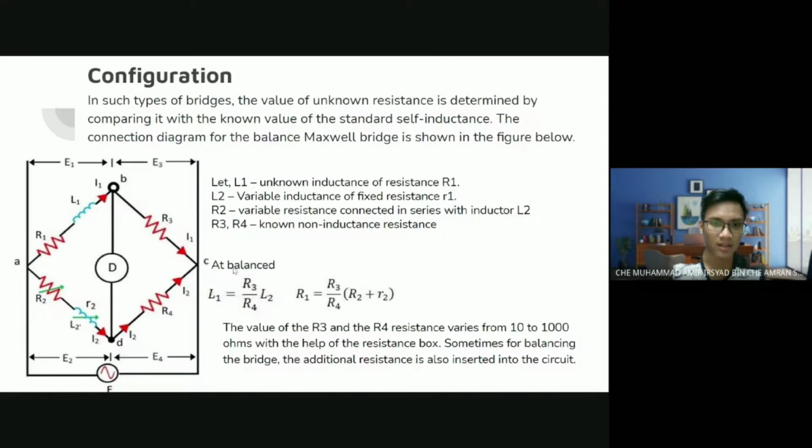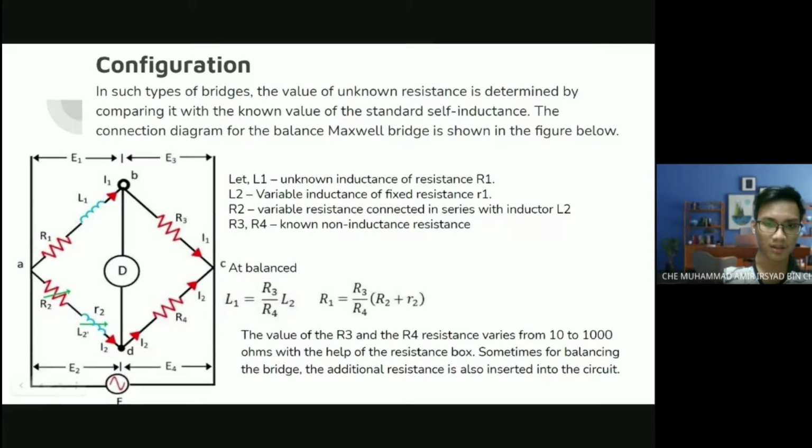At balance of the Maxwell bridge, here are the formulas for L1 and R1. L1 is R3 over R4 times L2. R1 is R3 over R4 times R2, here the variable resistance.